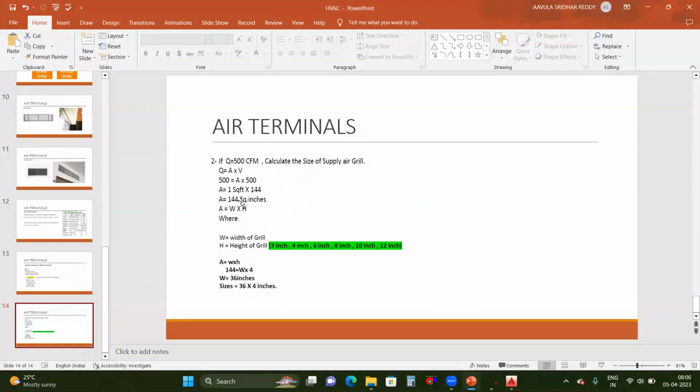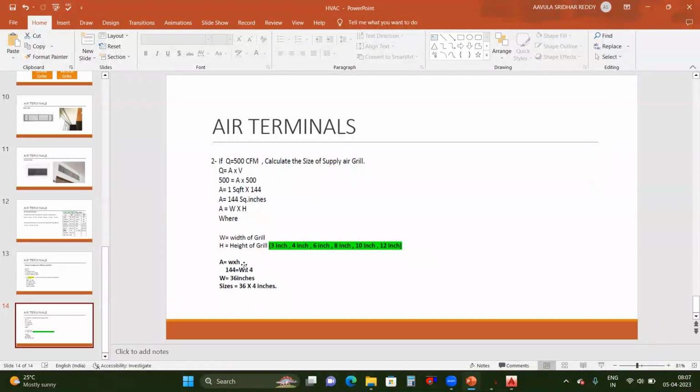Okay, so for this we can write A equal to width into height, where W equal to width of the grill, H equal to height of the grill. So we know the area, and if we assume one value, that may be width or height, we will get the other value. So I will write the formula again here, A equal to W into H. The area we have is 144, so I will take it here.